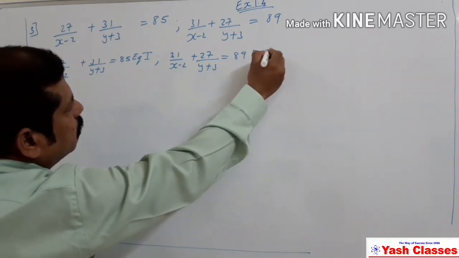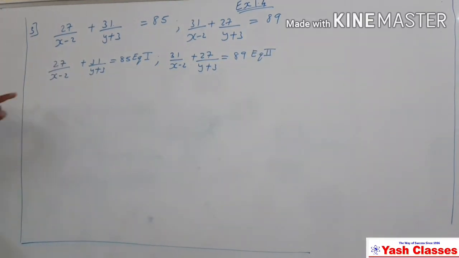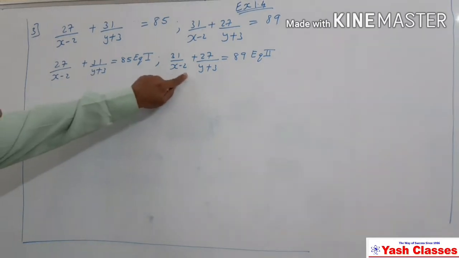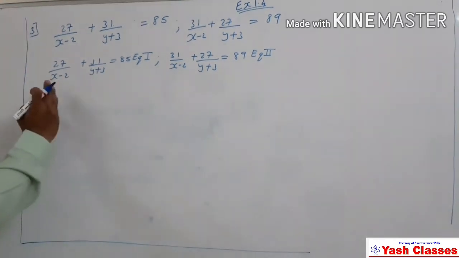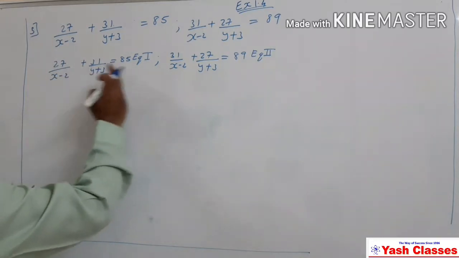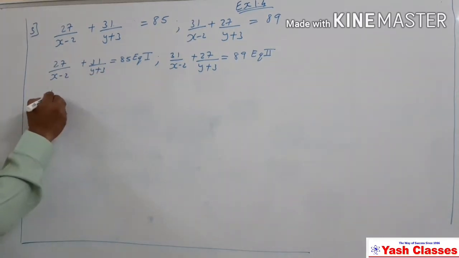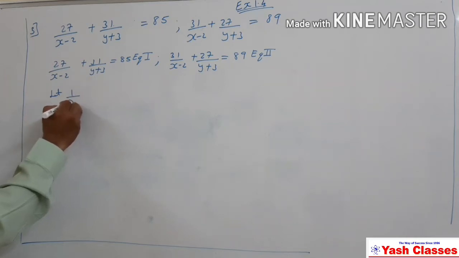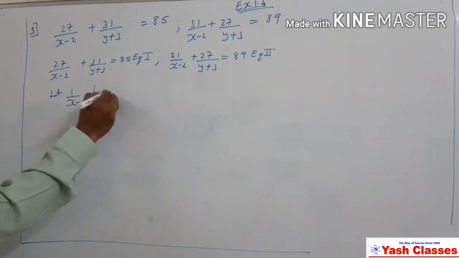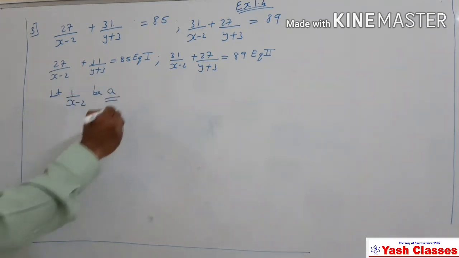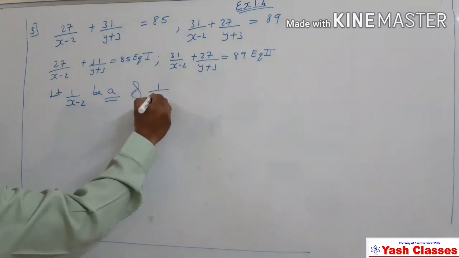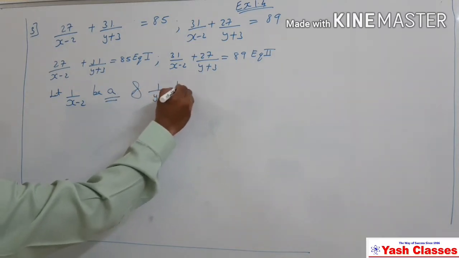Now in this sum, x minus 2 and y plus 3 are there in both the equations. Let 1 upon x minus 2 be a and 1 upon y plus 3 be b.